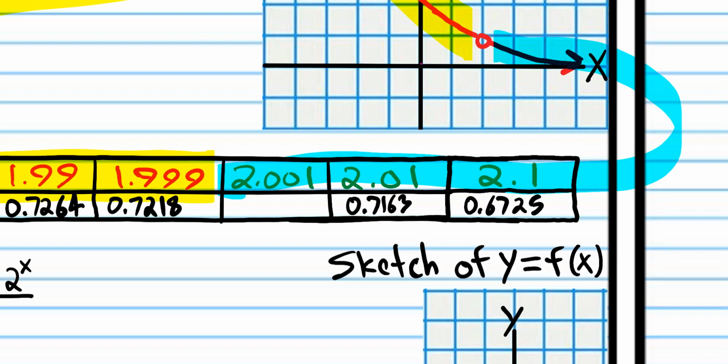We're going to get closer and closer to x equals 2. And then do that one more time with 2.001, and we get 0.7208.